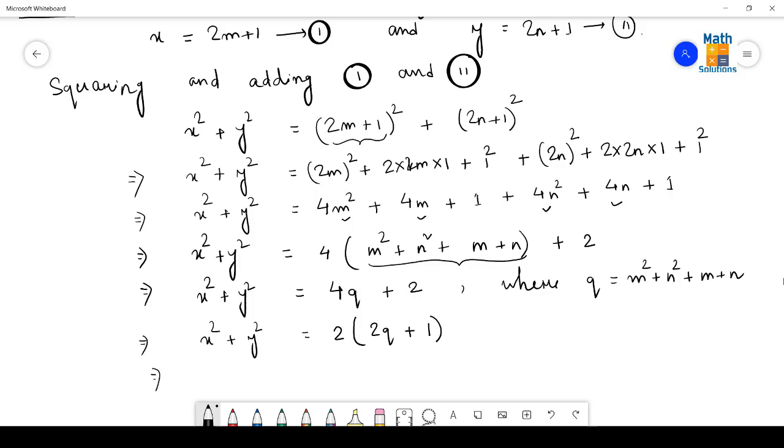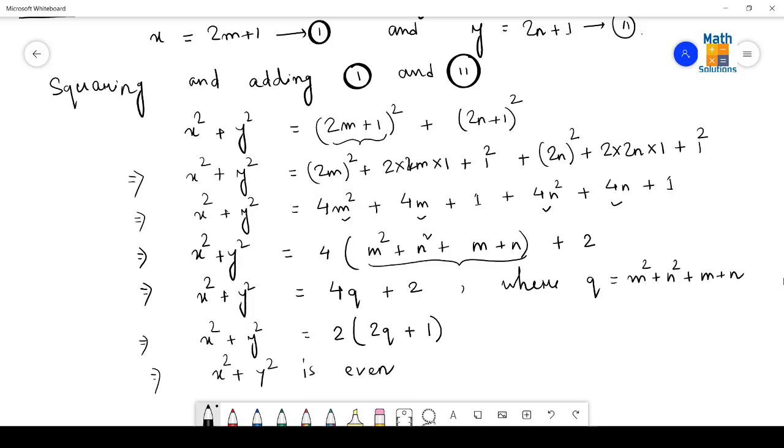Since this is a multiple of 2, the term present on the right hand side is divisible by 2. Therefore, what can we conclude? I can conclude in this way that x square plus y square is even.